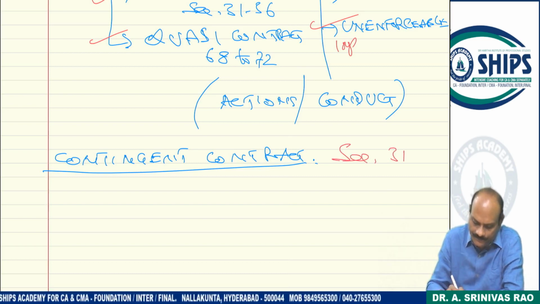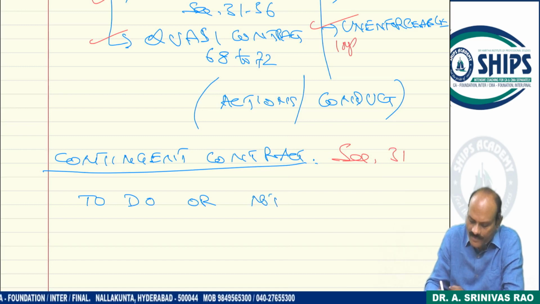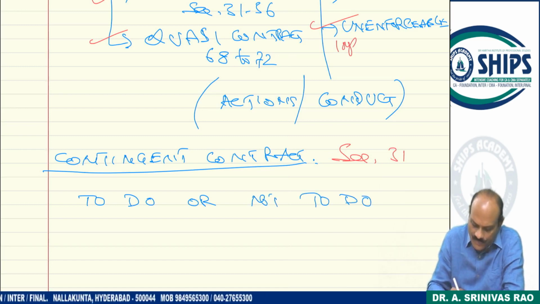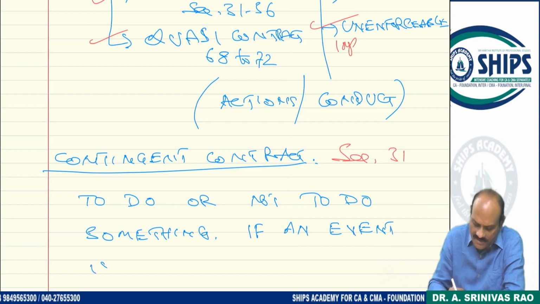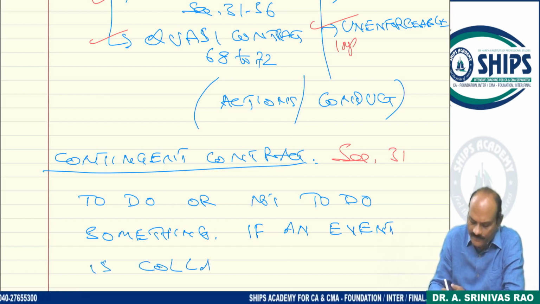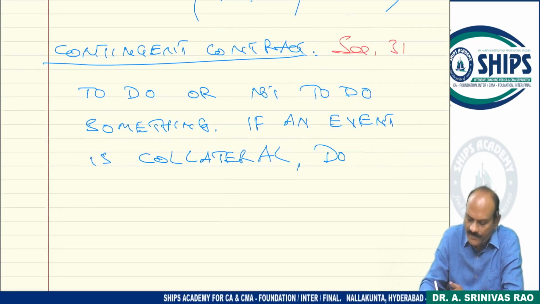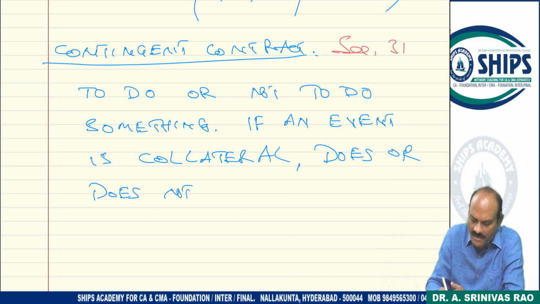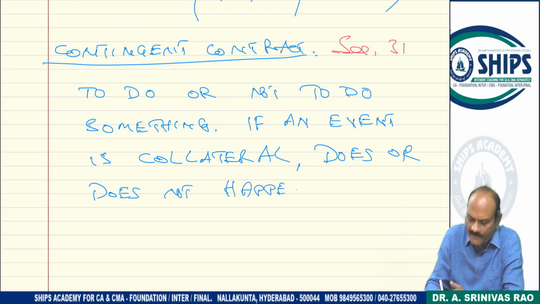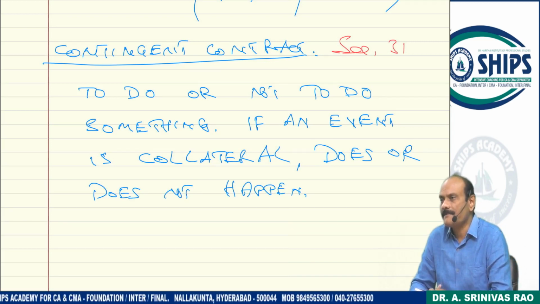In a contract, to do or not to do something, if an event is collateral, does or does not happen.